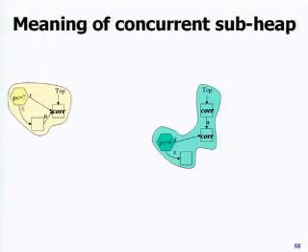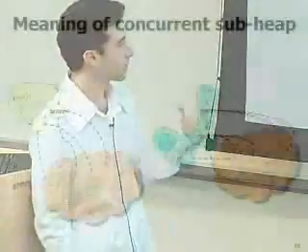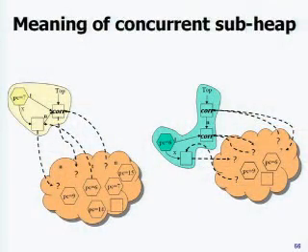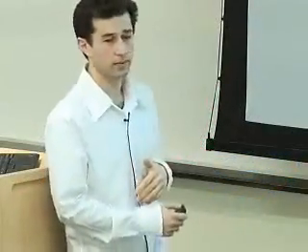So let's look at 2 of these subheaps and what they represent. Again, this cloud picture: what they represent is all the heaps that have any number of other threads and objects, and there may be some links between them because I'm not assuming any disjointness.